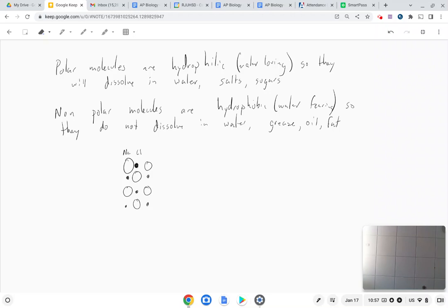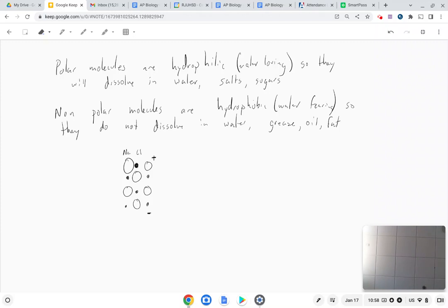If you can picture that crystal, you've got sodium and chloride next to each other. The chloride side has a negative charge, and the sodium side has a positive charge.